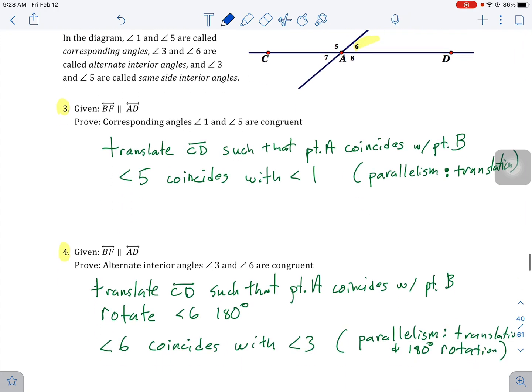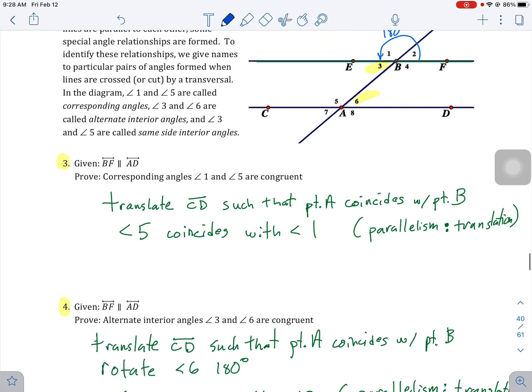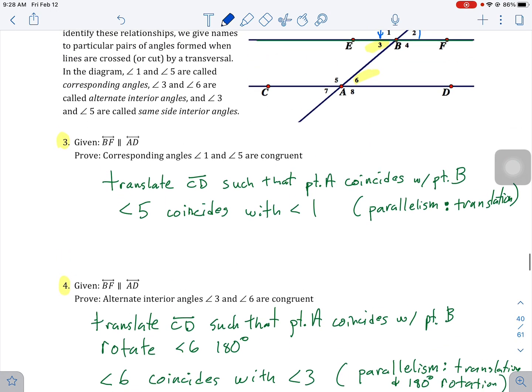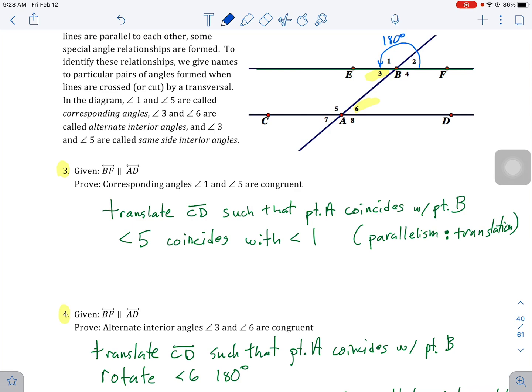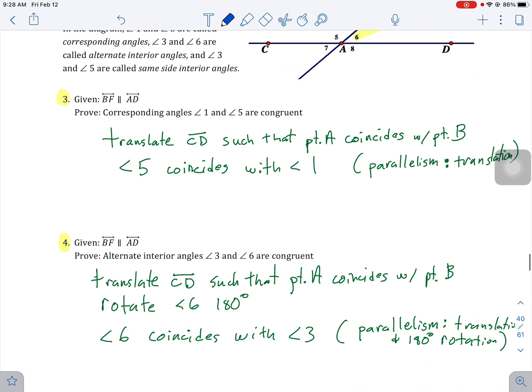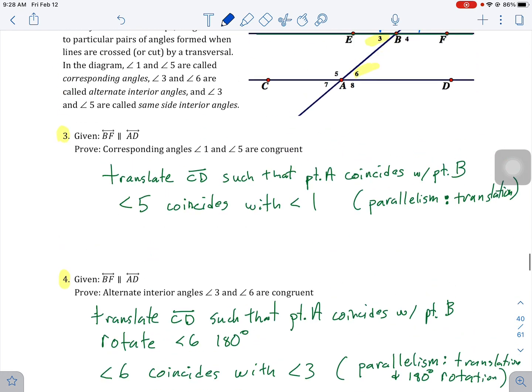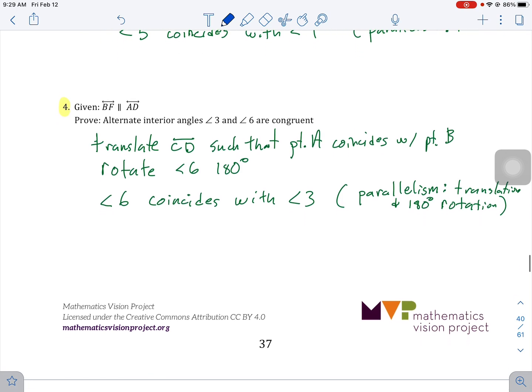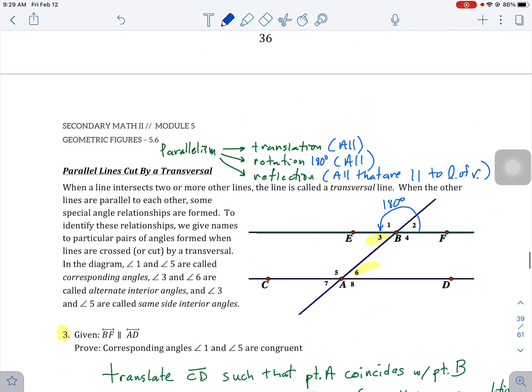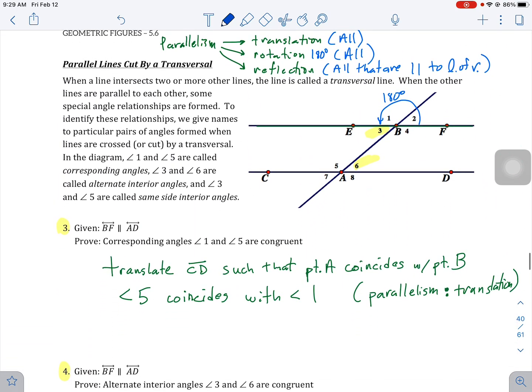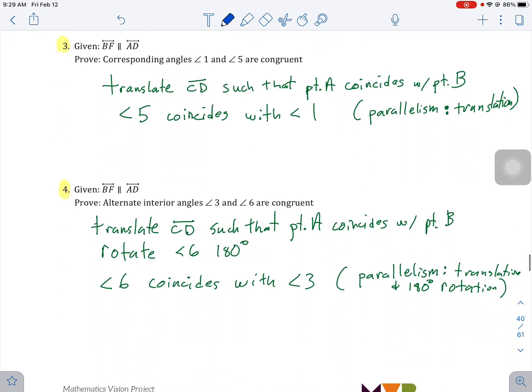And the 180-degree rotation for angle 6 is going to make it so that angle 6 now coincides with angle 3. And that's that idea of 180-degree rotation, that anything that was parallel to the line of reflection is going to be, the image is going to be parallel after the rotation. So that's another way to look at it.